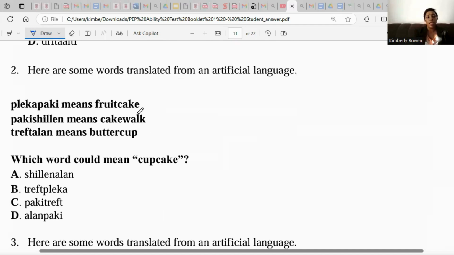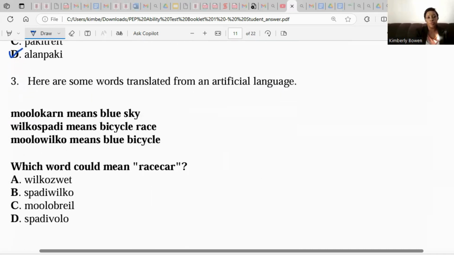When we look for cake, we can see that Plaki here is cake, because it's in these two words with cake. And let's look at cup. We can assume that cup is Alan. So we're looking for a word with Alan at the front and Plaki at the end. And the correct answer is Alan Plaki.